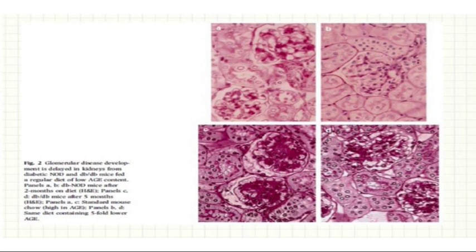It has been demonstrated in animal experiments of diabetic NOD mice that if you compare a low and a high AGE food given to these animals, you have quite an interesting finding in terms of kidney and vessel formation of these products.